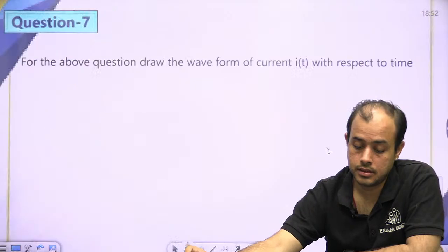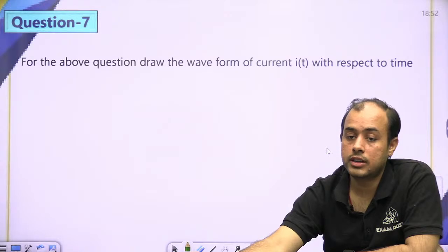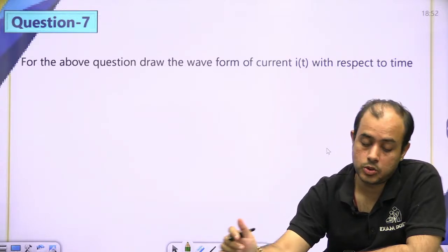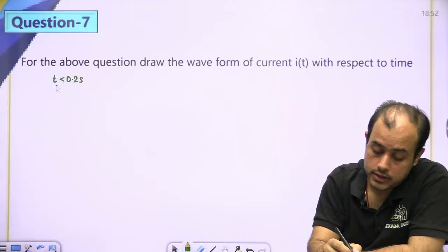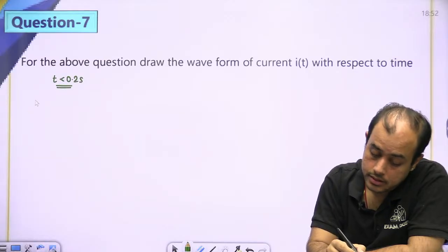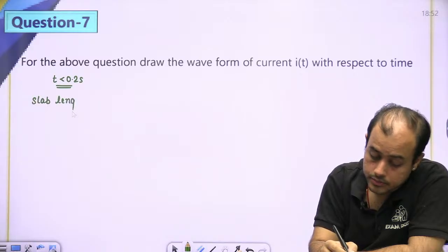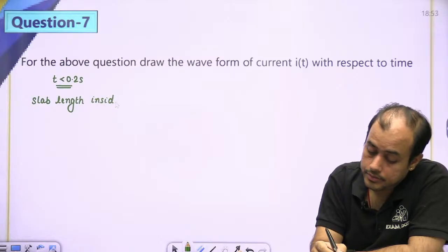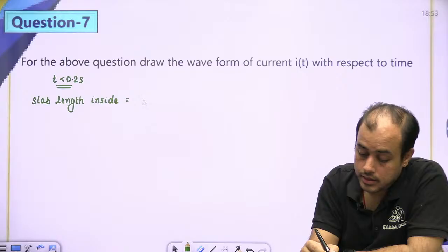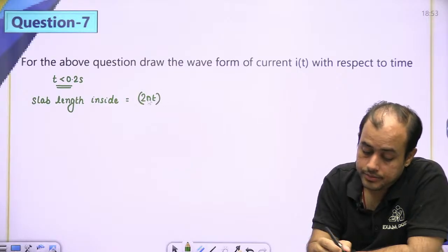Now, for the above question, if you want to draw the waveform of current with respect to time, for t less than 0.2 second, the length inside is 20t.